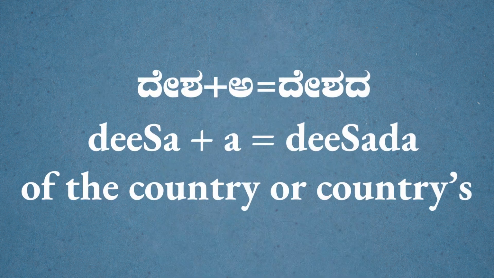Let's observe a few examples where neuter nouns ending in "a" take the possessive marker "a" after the addition of "d". Desha plus a becomes Deshada. Please note that Desha ends with an "a" sound, and we will retain that "a" sound along with the new possessive marker "a", and we will add the "d" as an additional possessive form.